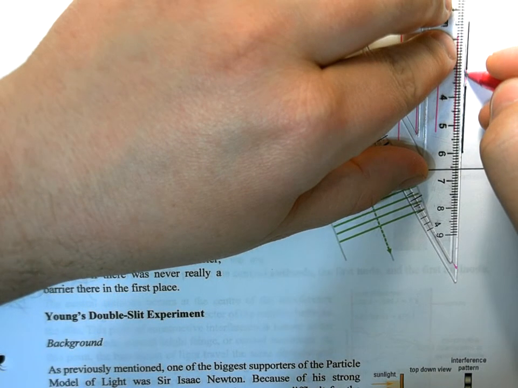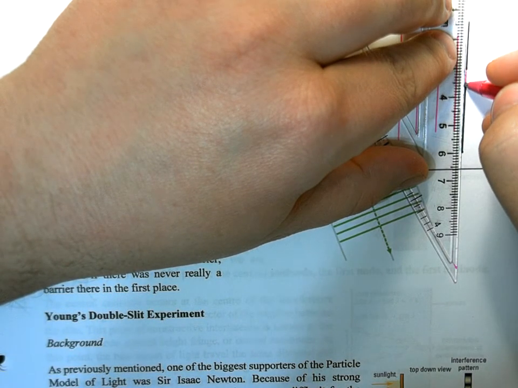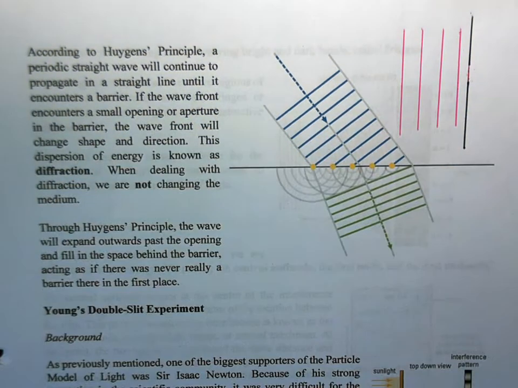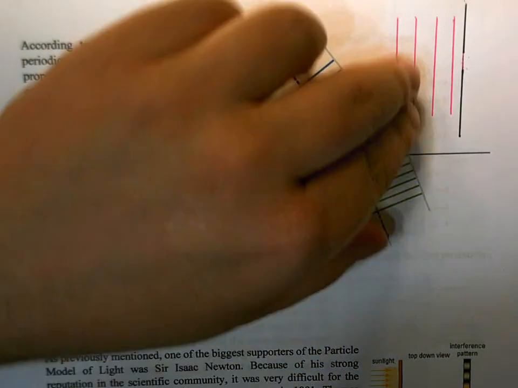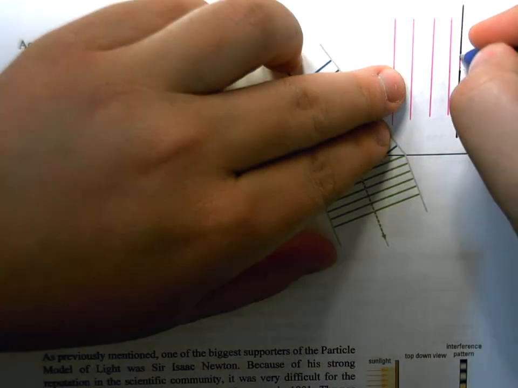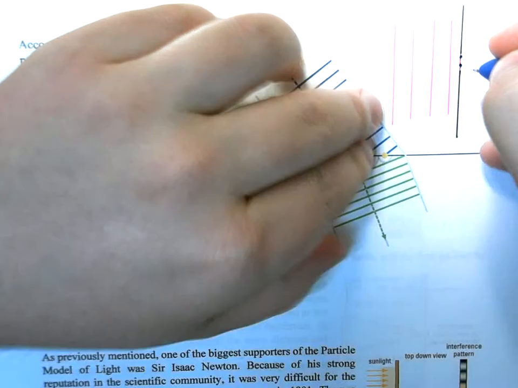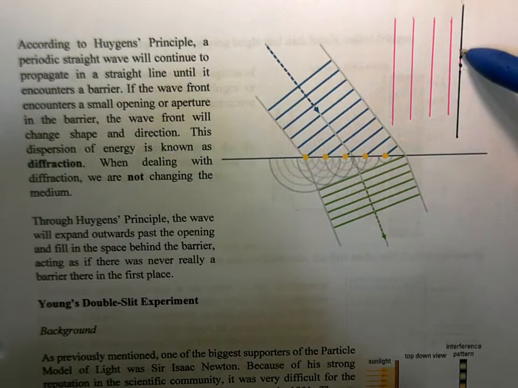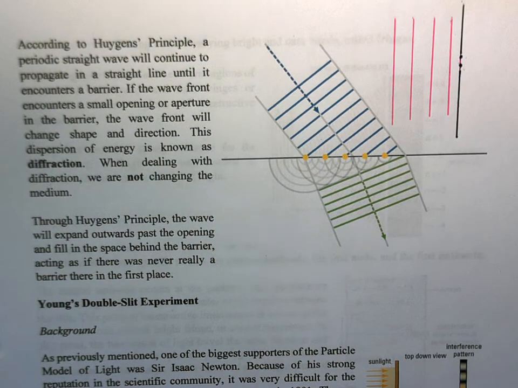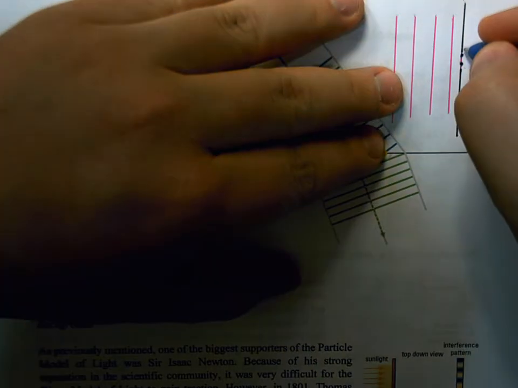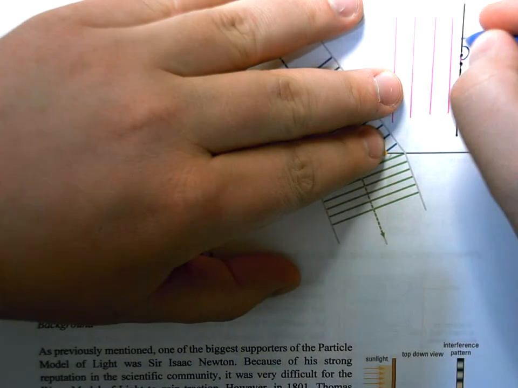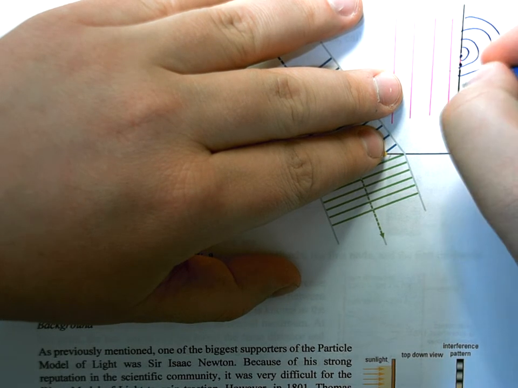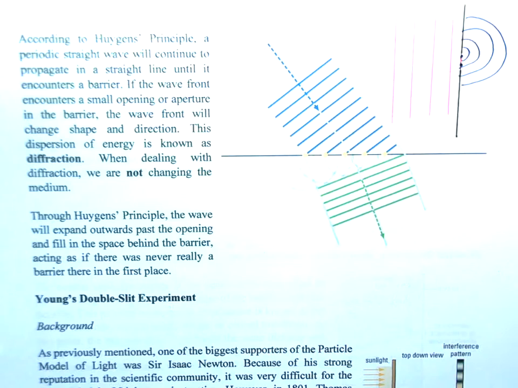So I'm going to sketch the piece of the wave that actually goes through. That little piece is made up of secondary waves, or our little wavelets. Each of those wavelets that's passed through the barrier is going to propagate out in concentric circles, and we want to make sure those concentric circles are roughly the same wavelength. That's for my first wavelet.